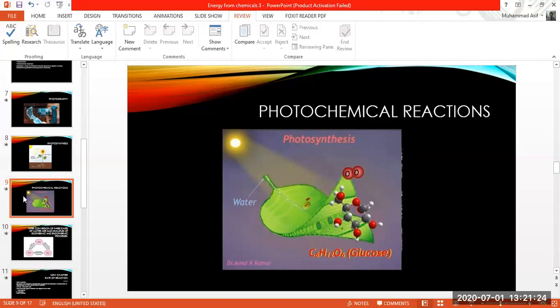For example, reaction of chlorine with methane in organic chemistry. A free radical substitution reaction starts only when we provide light energy to the reaction mixture. If we do not provide light energy, then the reaction will not take place.